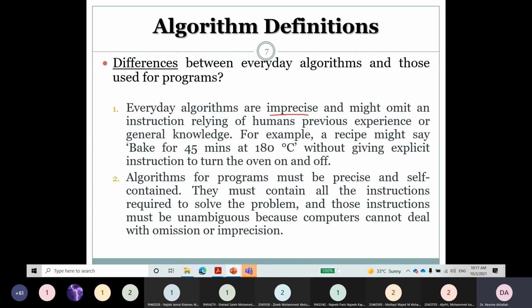It is related to human previous experience or general knowledge.